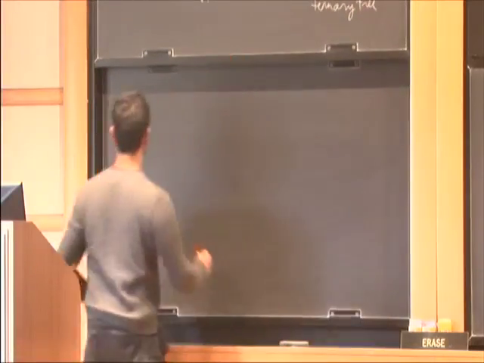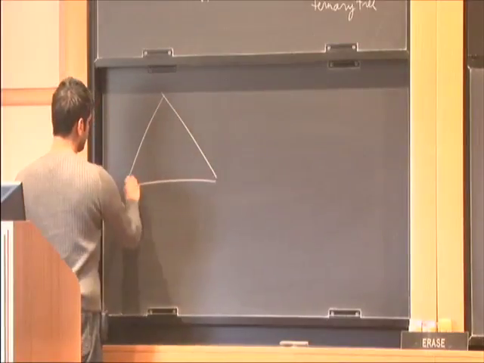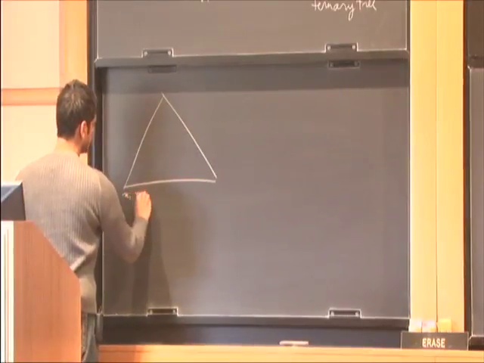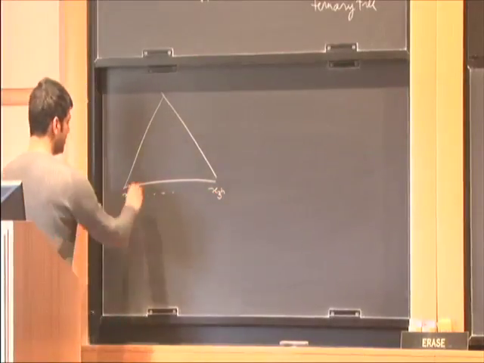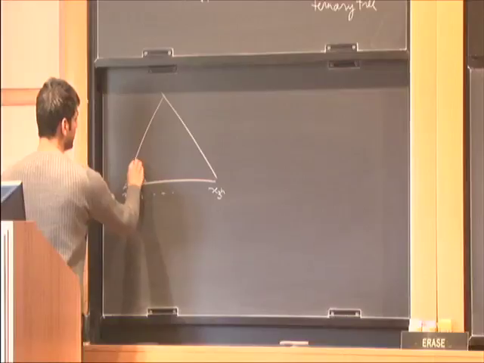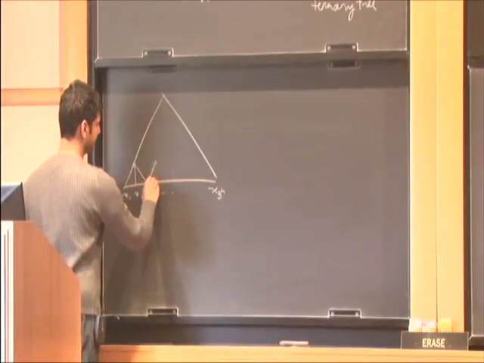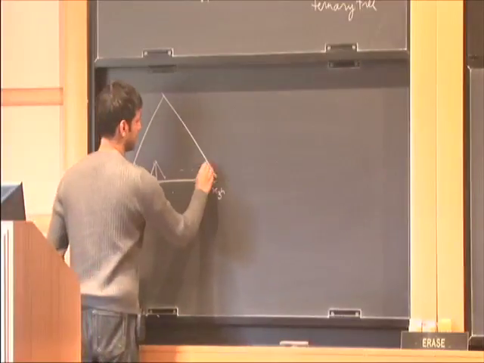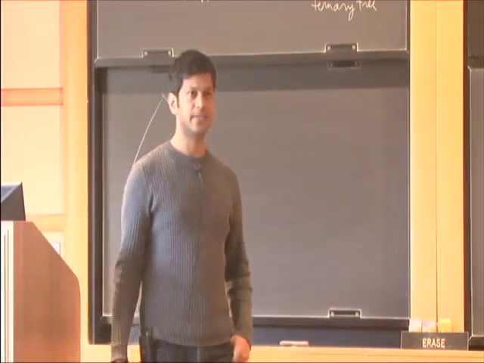So you have this complete ternary tree, at the leaves of which you have the variables x1, x2, all the way up to x sub 3 to the h. And then at each internal node, you have a majority of 3 gate. So a simple recursive generalization of majority of 3.